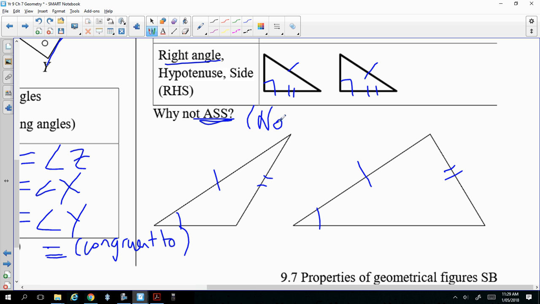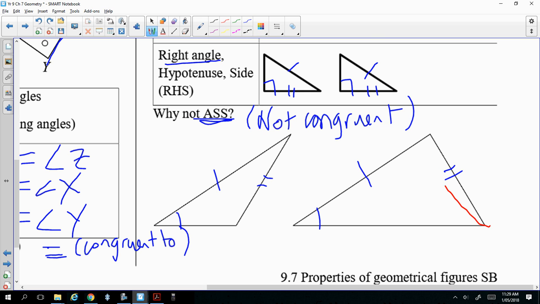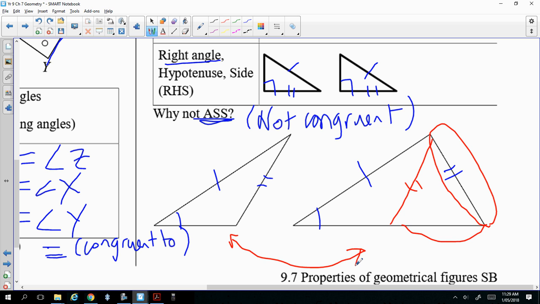Now, why does that happen? The reason why is I could move this side over here, which then will look the same, right? They will now look the same because this side is movable. So, well, if I move this side over here, that makes the two triangles congruent.